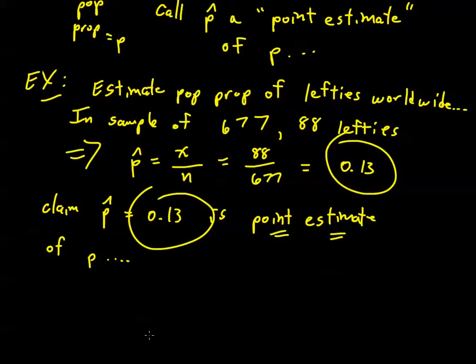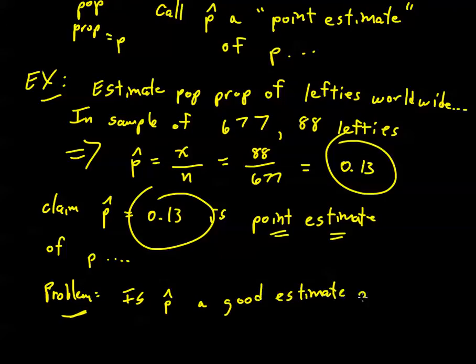All right? Well, the idea here is we might have a problem with estimating population proportions in this way. Well, is p hat a good estimate of little p?